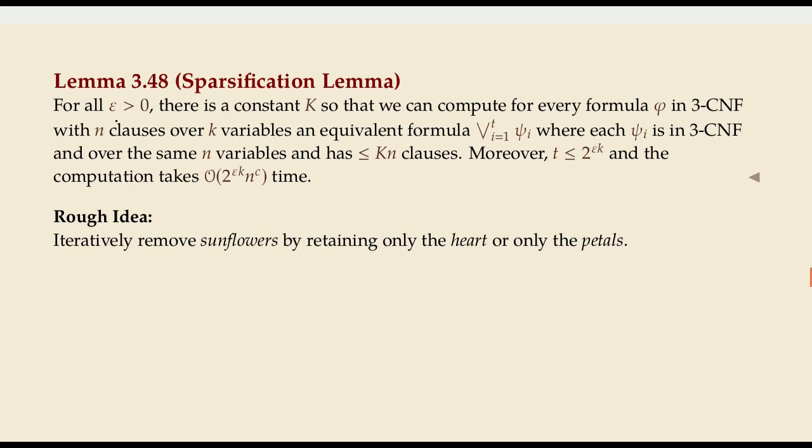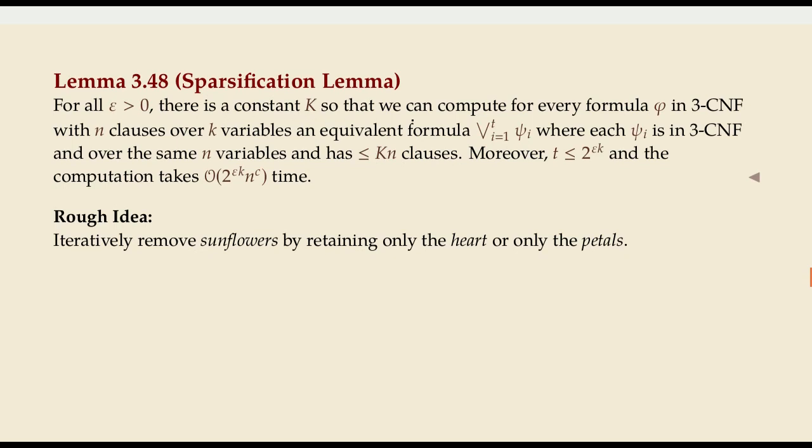So the precise statement is, if you fix any number epsilon, and as I said before, we will have to use all quantifications in all these statements because ETH is stated like this. So if you fix any epsilon, there is some constant which in the end will give you the number of clauses in the output.